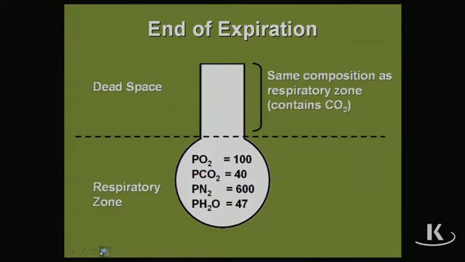Sometimes the exam asks a very simple question. And here is the question. A normal person during expiration, which of the following is least likely or not expected to be found in the conducting zone? Let me repeat that question.